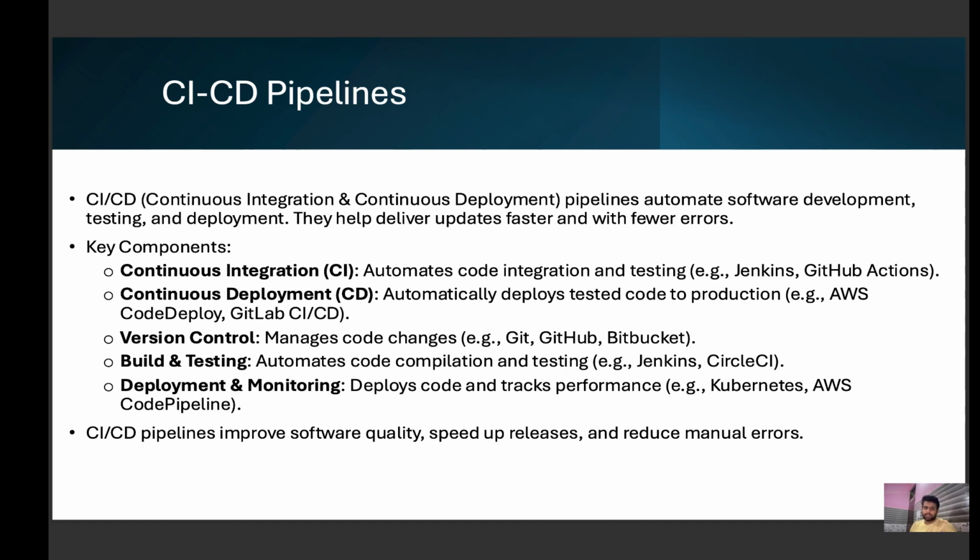CI/CD stands for continuous integration and continuous deployment. Continuous integration automates code integration and testing, for example by using Jenkins or GitHub Actions. Continuous deployment automatically deploys tested code to production.